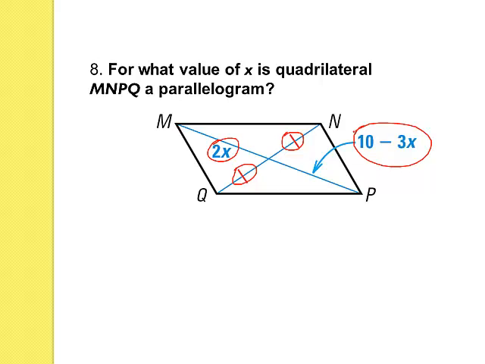Diagonals bisect each other in a parallelogram. So we have 2x is equal to 10 minus 3x. Add 3x to both sides. Divide. The only value that will give us something true for a parallelogram is the value of 2. That's it.